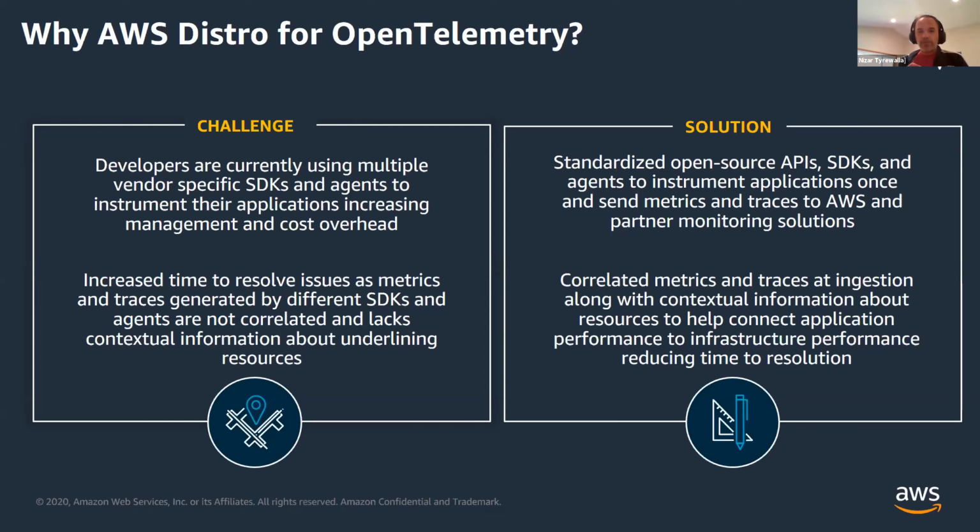For example, customers can just use the OpenTelemetry SDK and the agents to instrument their application and say, I want to send my traces to CloudWatch and X-Ray. At the same time, I also want my traces and logs to be sent to Sumo Logic. So it provides a standardized open source framework, APIs and SDKs to get this work done.